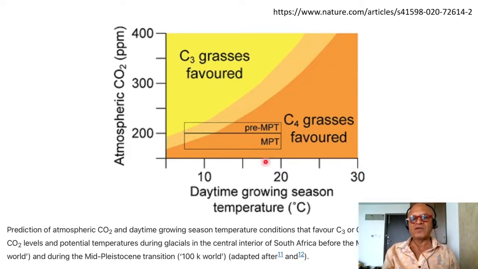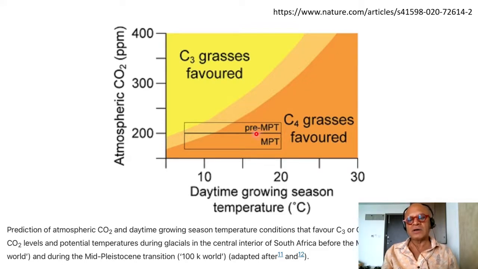So you have increasing daytime growing season temperature here, increasing atmospheric CO2. You can see that colder temperatures and higher CO2 favor C3 grasses. Then they begin to get outcompeted as you go towards warmer temperatures, and CO2 ranges can be anywhere here.